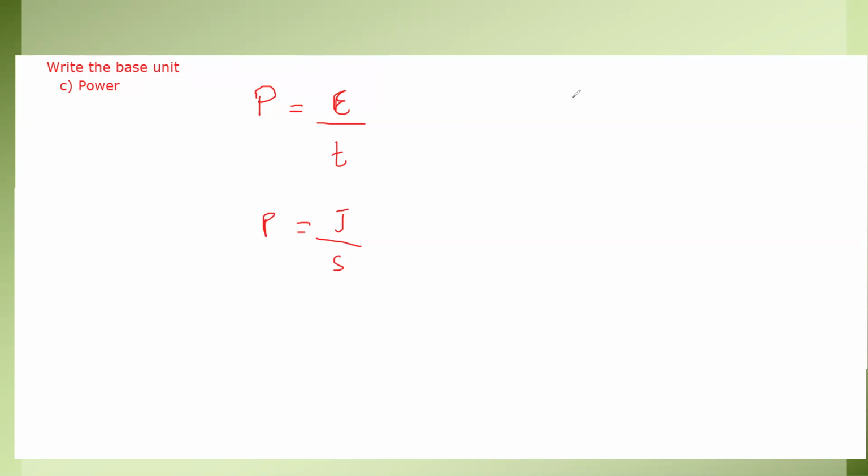What is joules equivalent to? We just did that. The energy, or the joules, is equivalent to kilogram meter square second raised to power minus 2. And then divided by second, it will move to the denominator, so this will turn out to be kilogram meter square second raised to power minus 3.